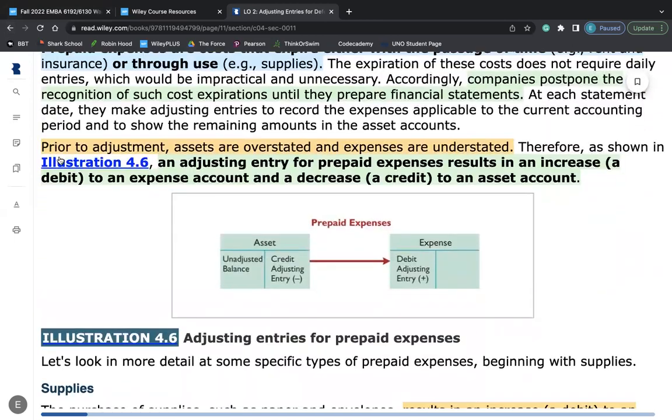All right, this is important right here. Prior to adjustments, assets are overstated and expenses are understated. That's really important. Remember that because it'll throw us off. Therefore, an adjusting entry for prepaid expenses results in an increase to an expense account and a decrease to an asset account.